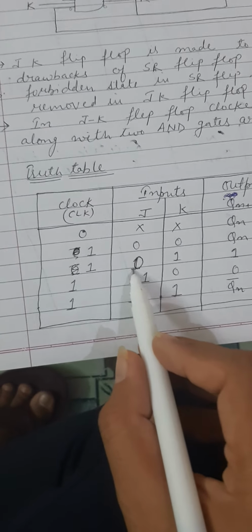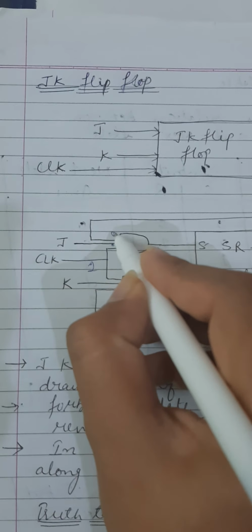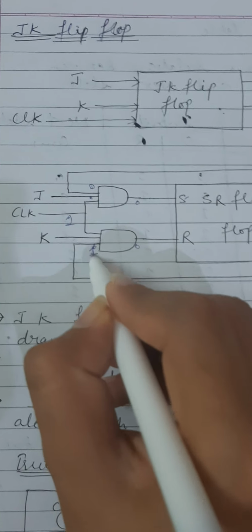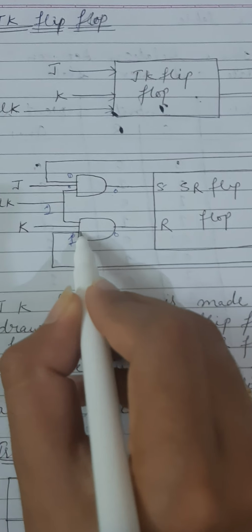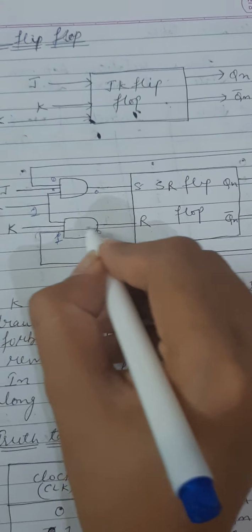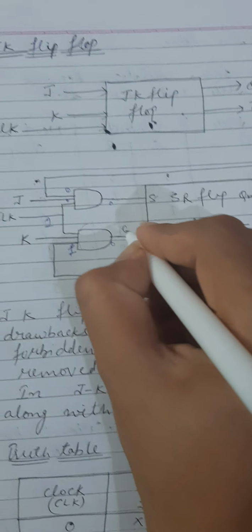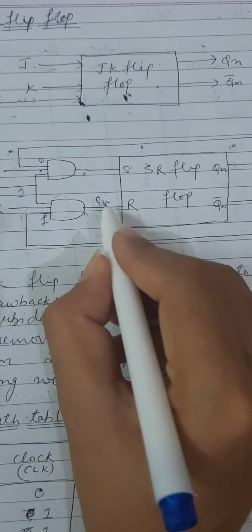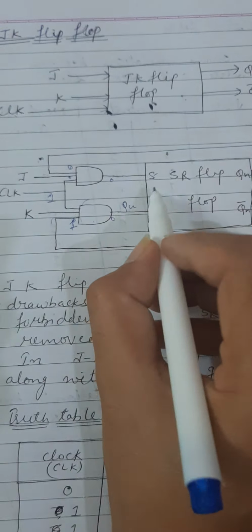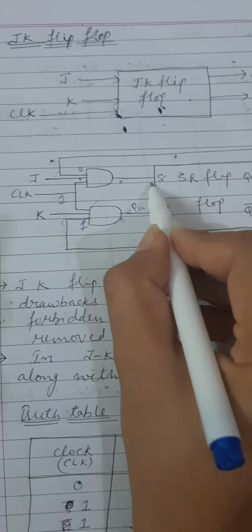Now the next one is when J is equal to 0 and K is equal to 1. Here when J is equal to 0, the output of this AND gate is 0, and K is equal to 1, the clock is 1, and the third input is equal to Qn. That means the output of this AND gate is Qn. Qn is the previous state. If the previous state is 0, then the inputs of this flip-flop will become 0 0.